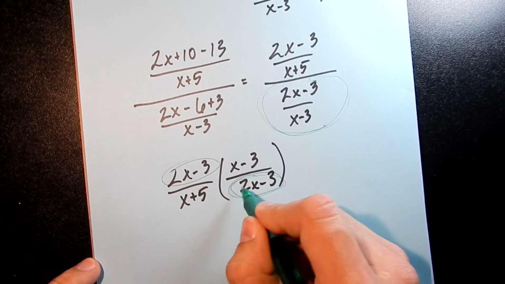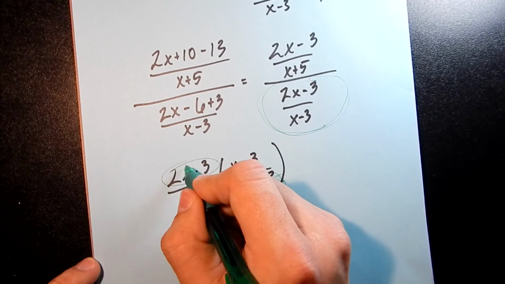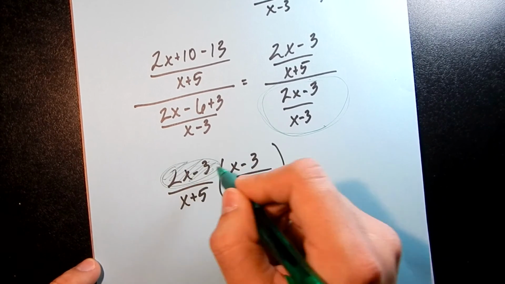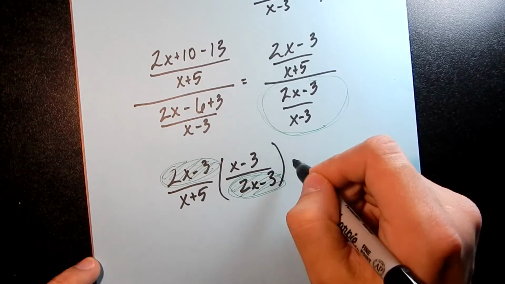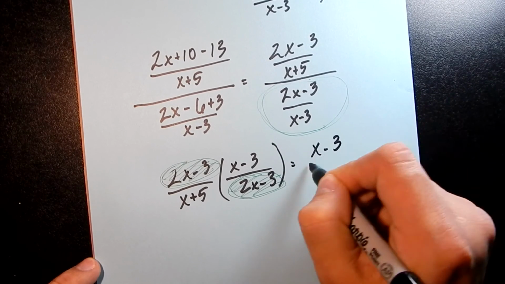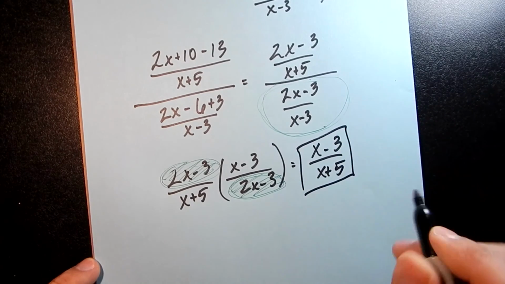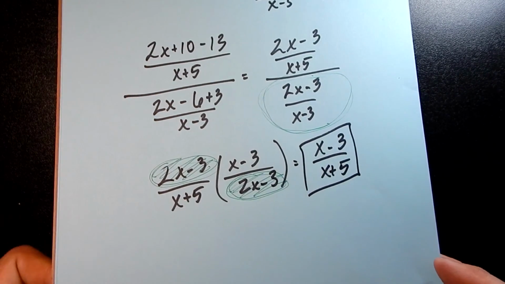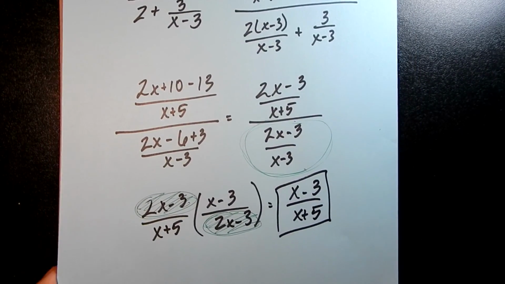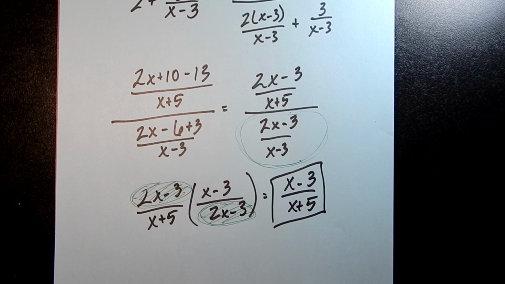So this piece here will cancel, and this piece here will cancel, and I'm left with x minus 3 over x plus 5. And life is beautiful. So that is a little bit about simplifying compound fractions. They look a lot worse than they actually are.